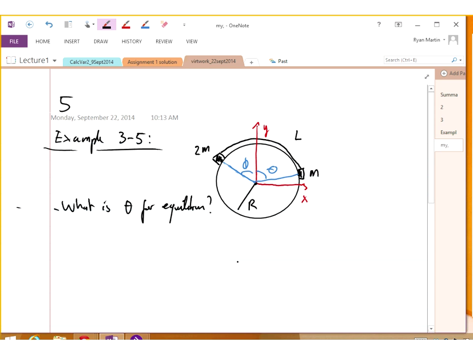So there's only 1 degree of freedom. And let's choose theta. So theta and phi are related, right?